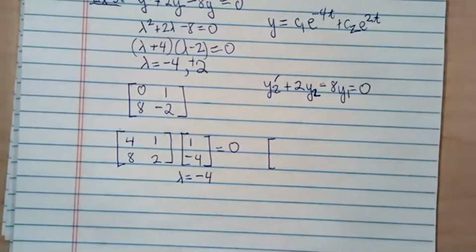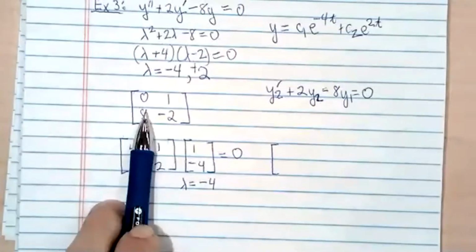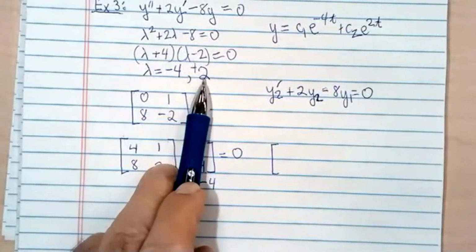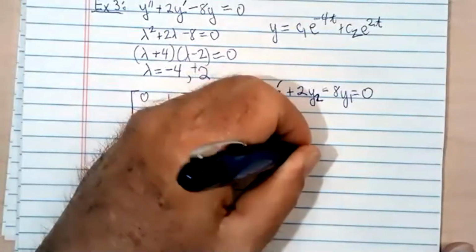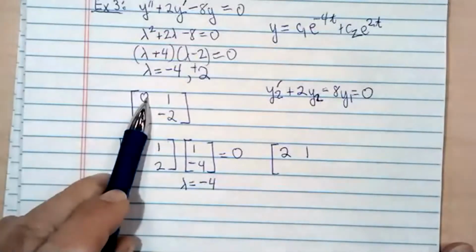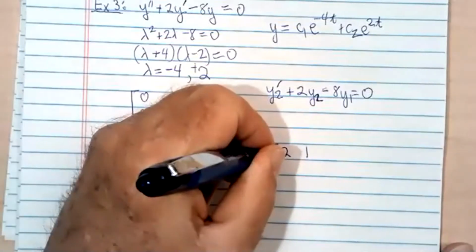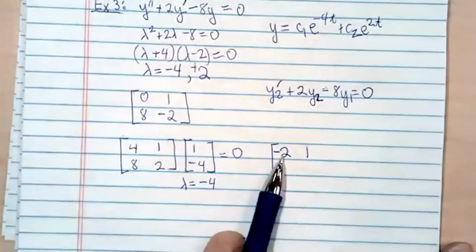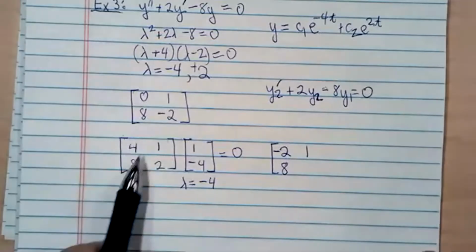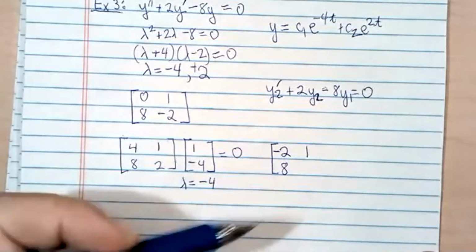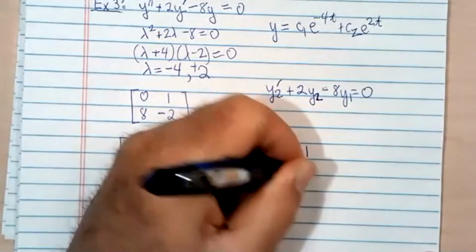And here, I'll start with my original matrix and look at my eigenvalues. I want to subtract 2 down the main diagonal. So, whoops, -2 from this position. And -2, -2, -4 here.